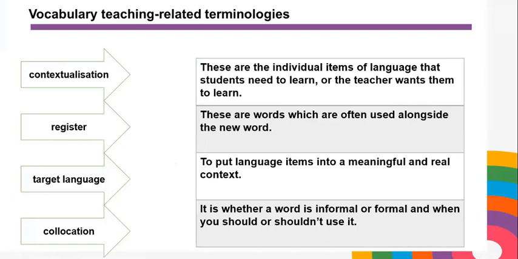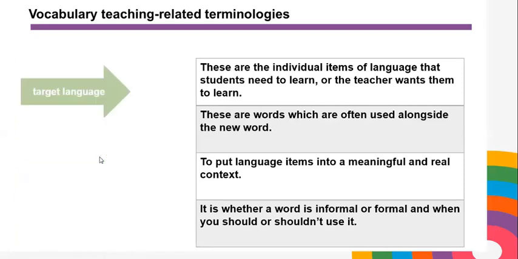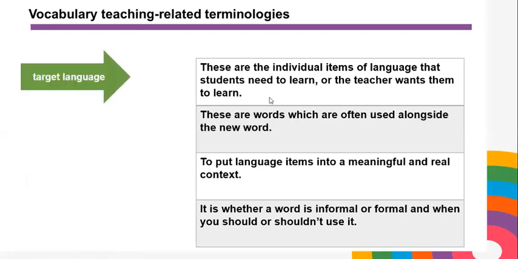Yes, Miss Irene, could you answer it? Right, let's see the answer. Yes, it's target language. The target language is the individual items of language that students need to learn or the teacher wants them to learn.